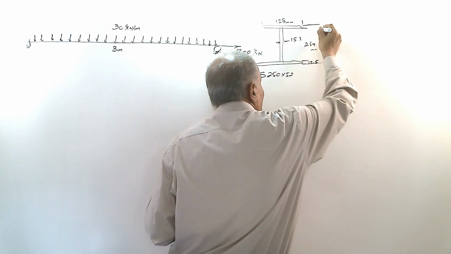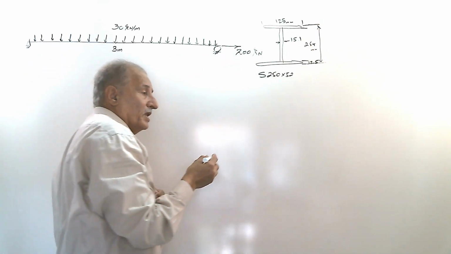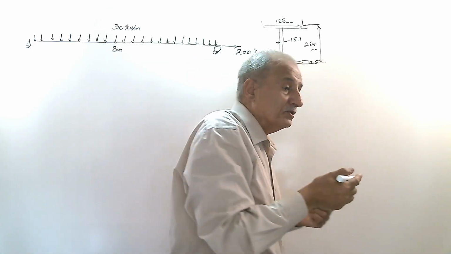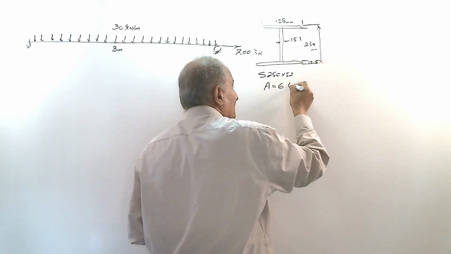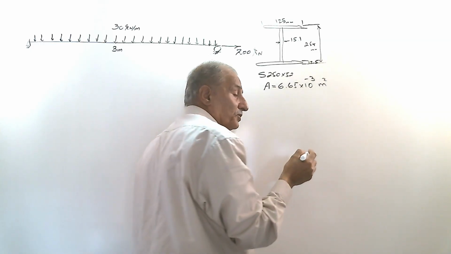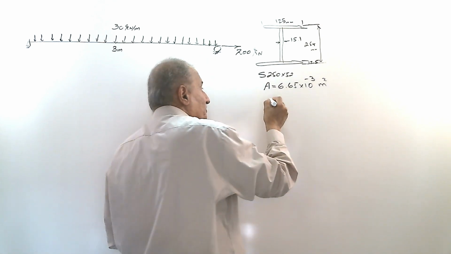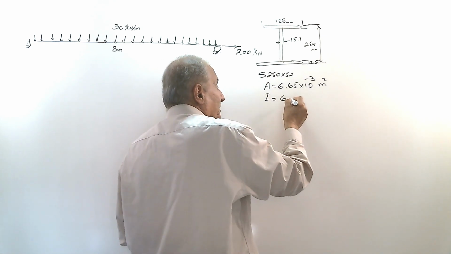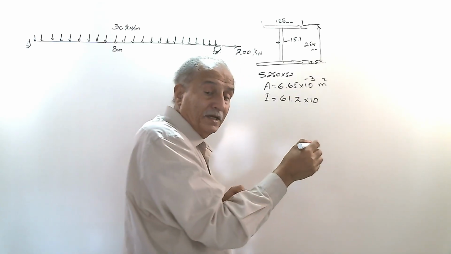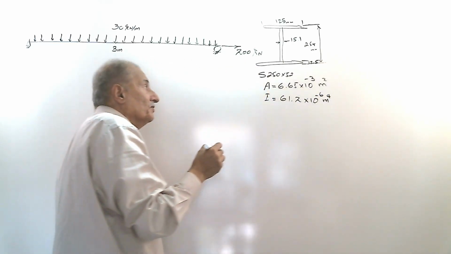Total height, depth of the beam, is 254. The area of this beam is equal to 6.65 times 10 to the power minus 3 meter squared, and I for this beam is 61.2 times 10 to the power minus 6 meter to the power 4.